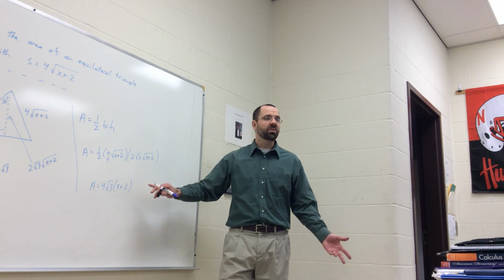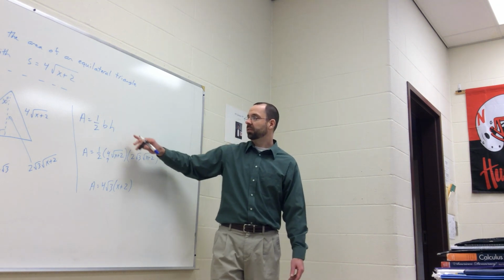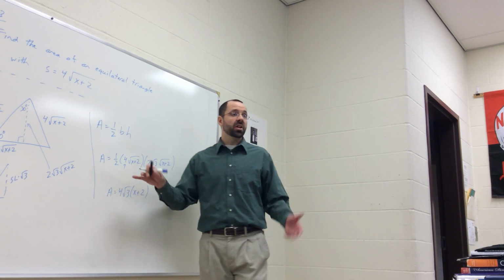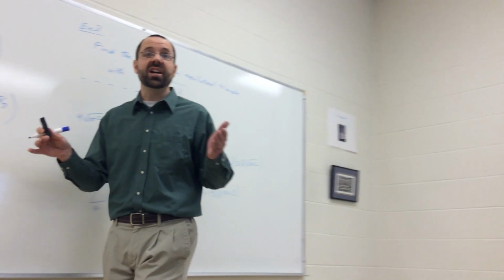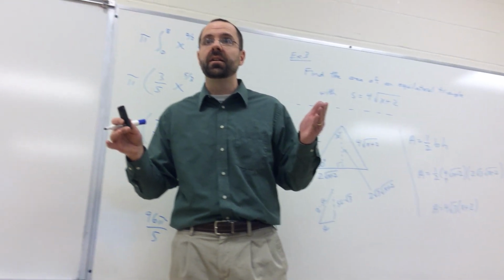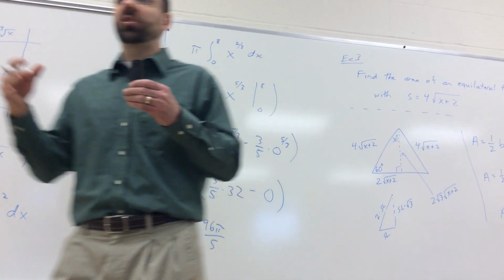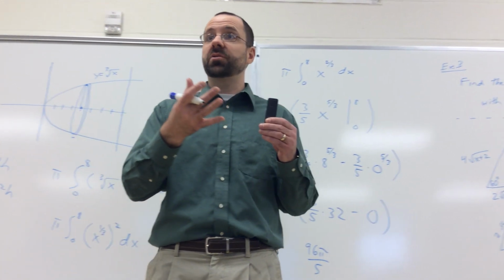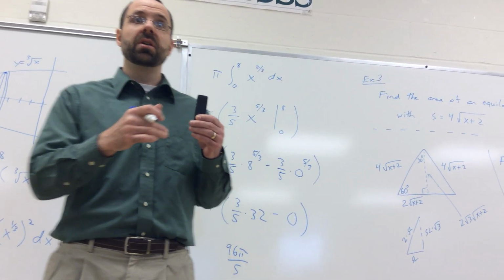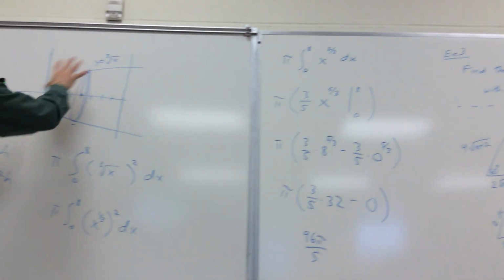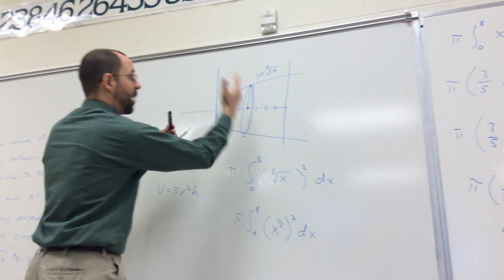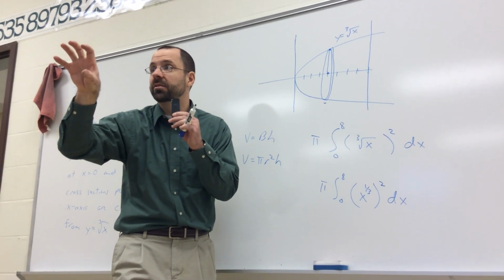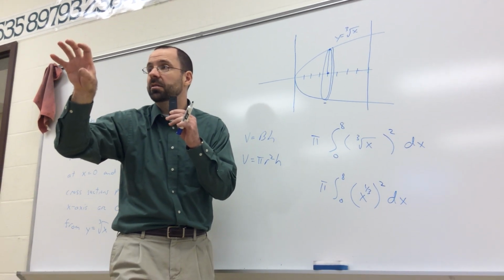Okay, so why do you think I showed you the area of a triangle? Because there's going to be a homework problem where the cross sections are triangular. Today we had an example where the cross sections were squares, then an example where the cross sections were circles. But there could be some 3D solid where you chop it and the cross section is a triangle.